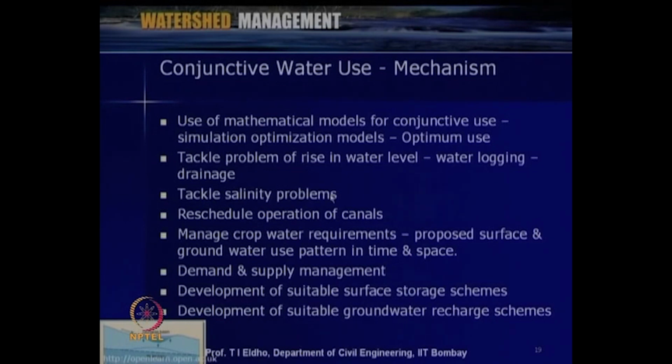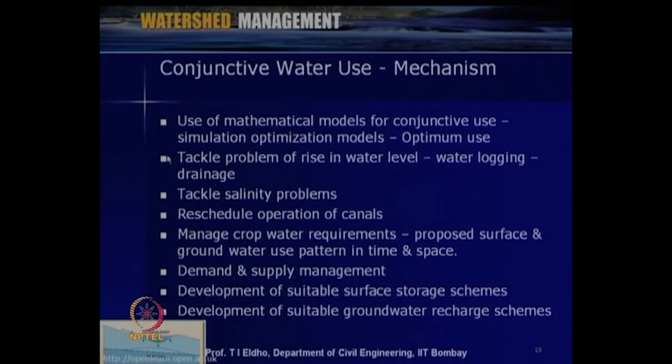Then we can tackle salinity problems, depending upon the area, and reschedule the operation of canals, so that an appropriate mechanism can be developed. Then manage crop water requirement and propose surface and groundwater use patterns depending upon the location, in space and in time. So, we can develop appropriate management plans.